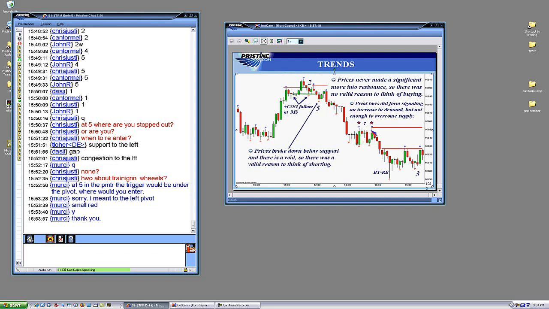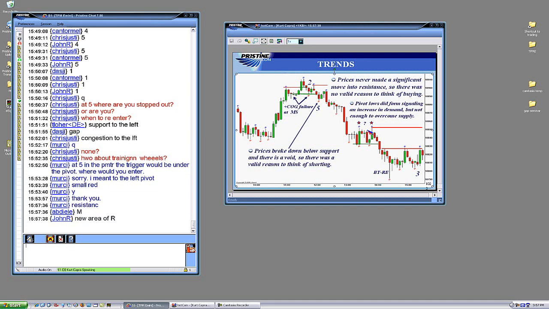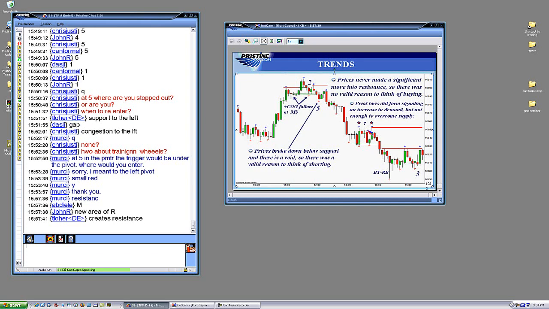But what happened here? We discussed this a little while ago. We get a retest. What does this do? You know, it's a double top. Exactly.